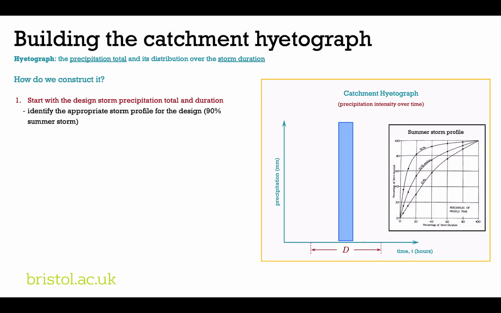So we then need to identify an appropriate storm profile for our design, and for this we're specifying that it's the 90% summer storm. And here in the plot on the right you can see that there is a summer storm profile that relates the percentage of storm duration of any individual time step to the percentage of the storm rainfall that falls during that time step.